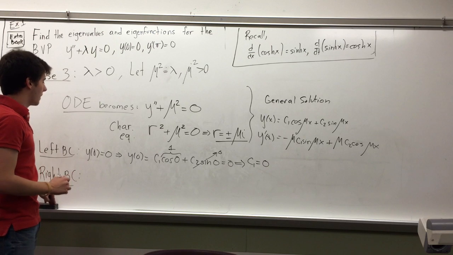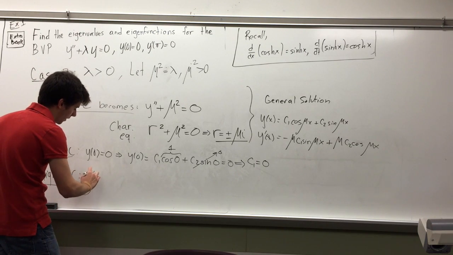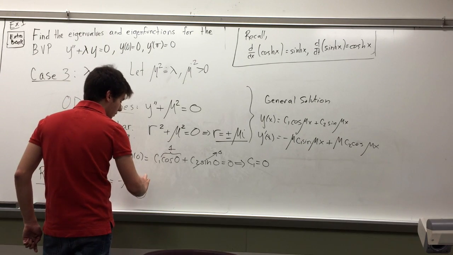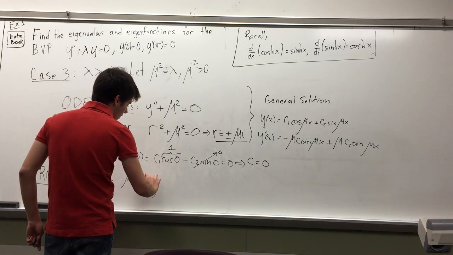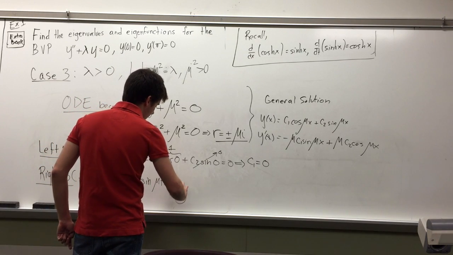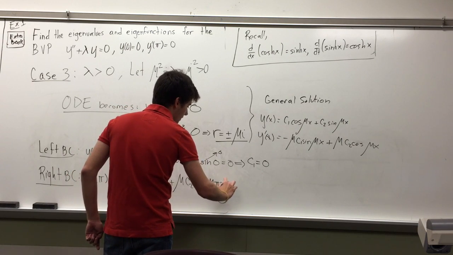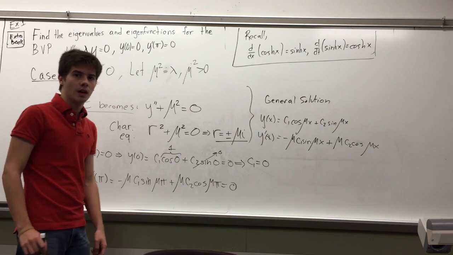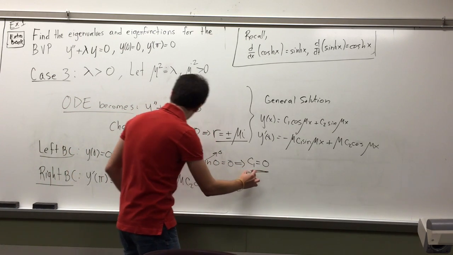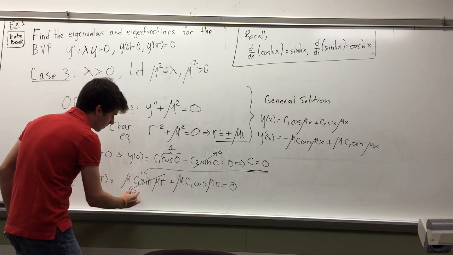So if we impose our right boundary condition, y prime of pi is equal to negative mu c1 sine of mu pi plus mu c2 cosine of mu pi is equal to 0. And here we saw that c1 is equal to 0, so we're going to use this right here. Since c1 is equal to 0, then this term vanishes.